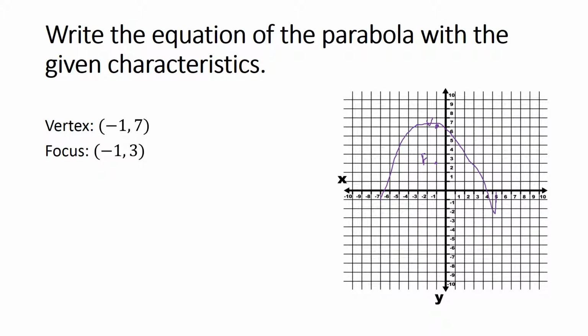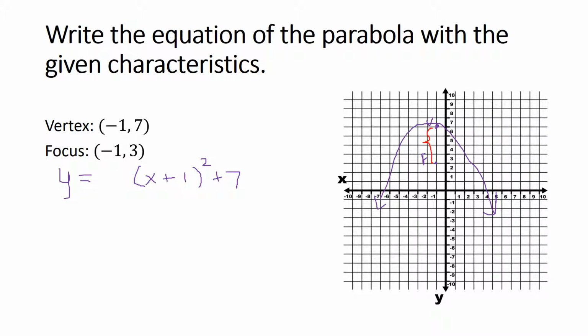Now we have all the information we need to build our formula. So remember, what you want to start with first is the vertex. This function has shifted to the left 1 and up 7, so I'm going to have x plus 1 squared plus 7. To get the a value in the front, we need to calculate p. P is just the distance between the vertex and the focus.